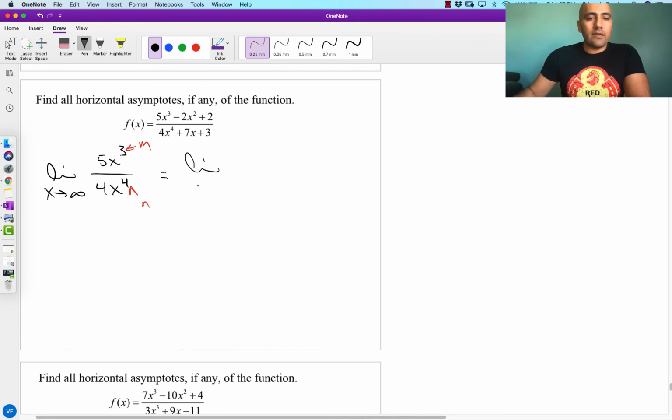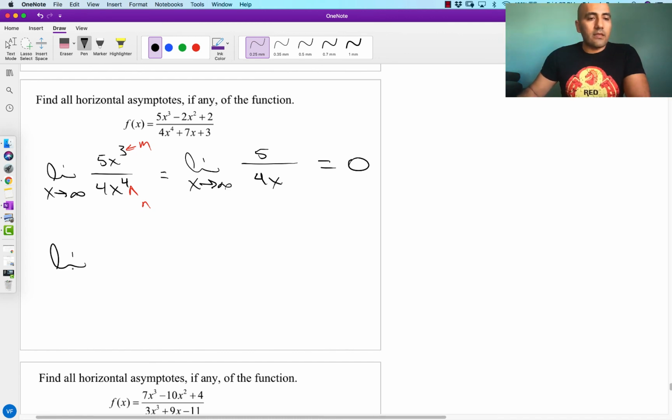We have the limit as x approaches infinity of 5 over 4x. As x gets larger and larger, I know that this whole thing will grow towards 0. There will be a horizontal asymptote at the line y equals 0, which is the x-axis.